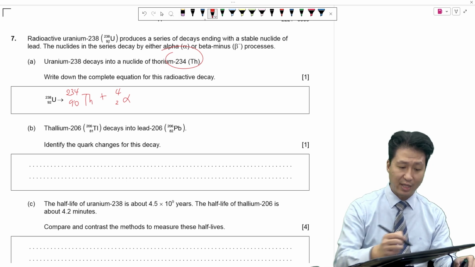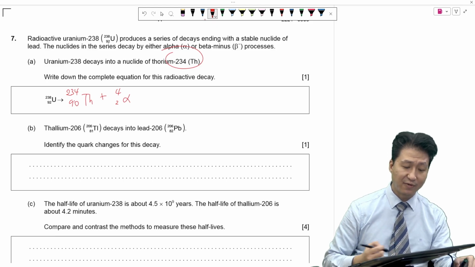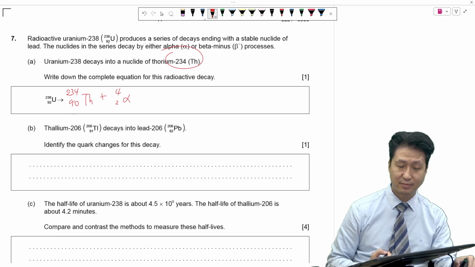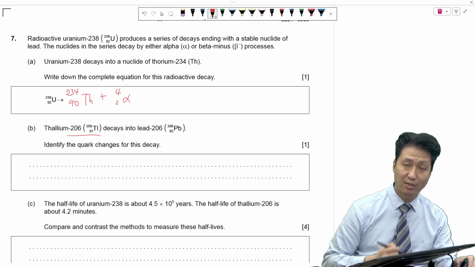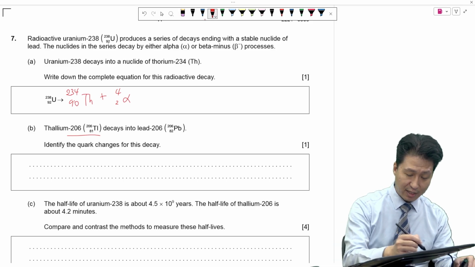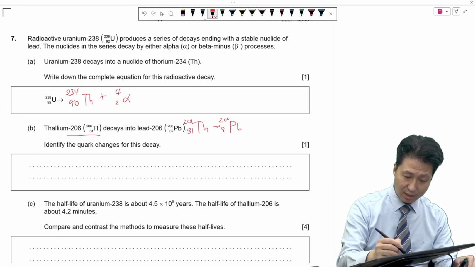Part B, thallium decays into lead-206. Identify the quark changes for this decay. So let's start with looking at what happens here. Notice that if you start with thallium-206, 81, becoming lead-206, this is 82.